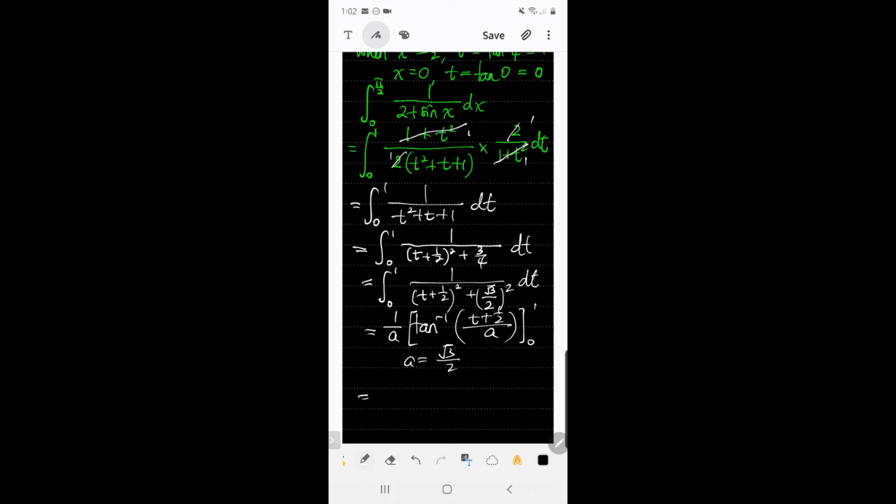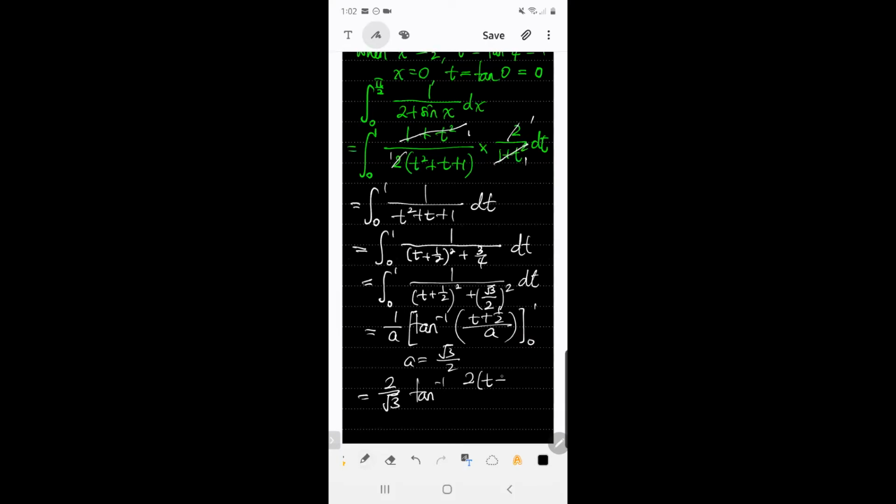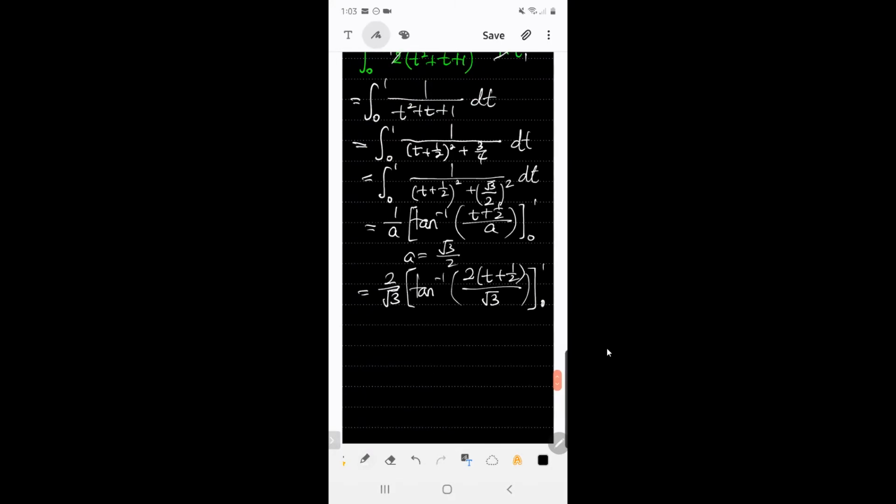So therefore, if you have 1 over root 3 over 2, you get 2 over root 3. Then this is tangent inverse, so you have 2, then t plus half divided by root 3, from 0 to 1. This is the tangent inverse formula.